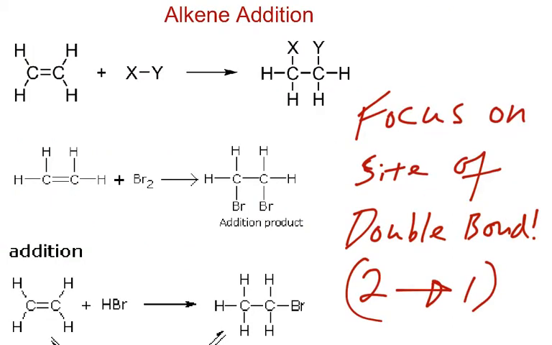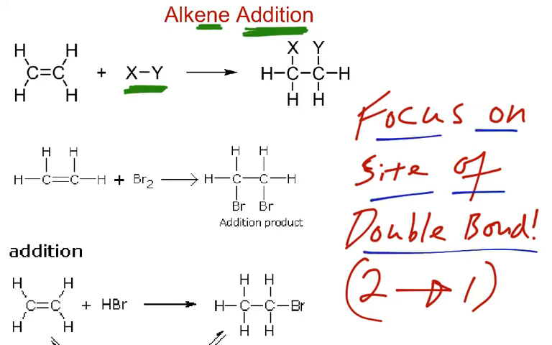All right. The other reaction happens with our unsaturated compounds, our alkenes and alkynes. Over here we have an alkene, and what happens with alkenes is addition. Now notice simply what happens. Once again, you can have something with two atoms in it. It could be either diatomic or different atoms, but they have two atoms. And you must focus on the site of the double or triple bond in addition.